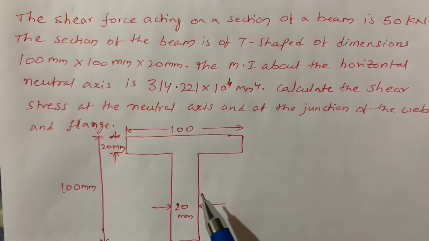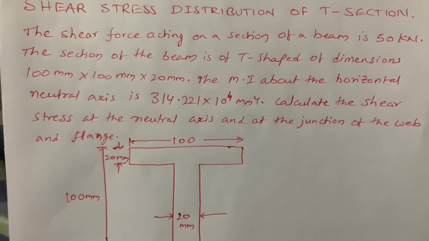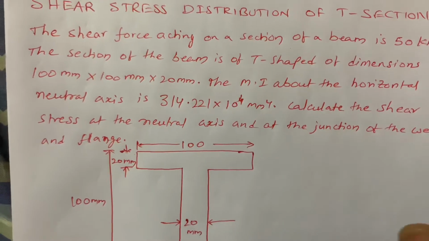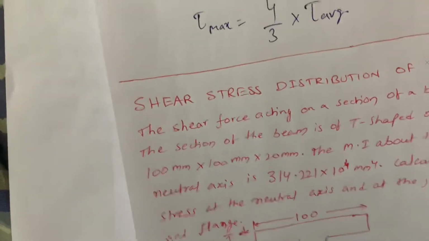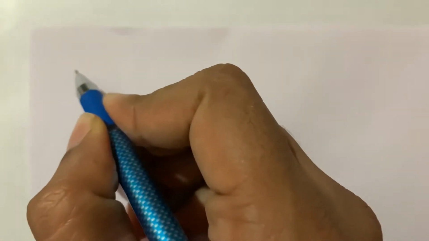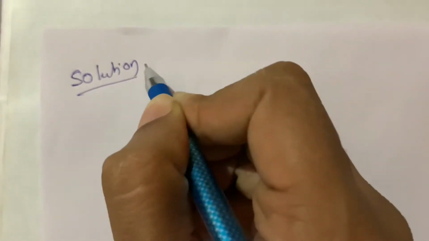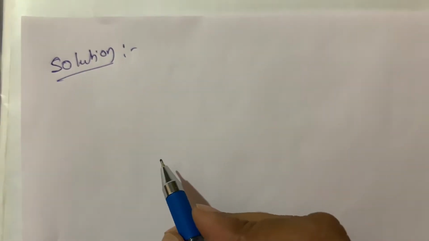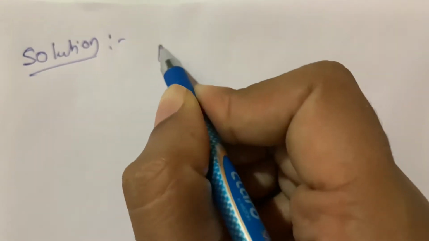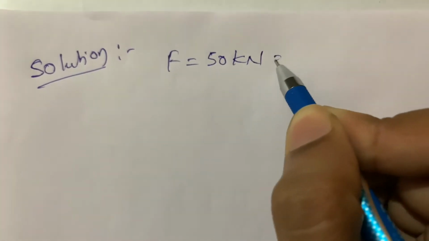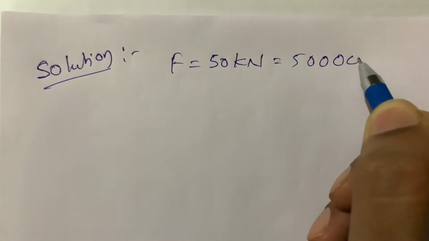So first we have to calculate the neutral axis. The moment of inertia about the horizontal neutral axis is given, that is 314.221 into 10 power 4 mm power 4. The shear force F is given as 50 kilonewtons, that is 50,000 newtons.